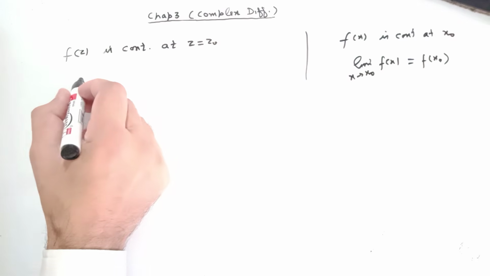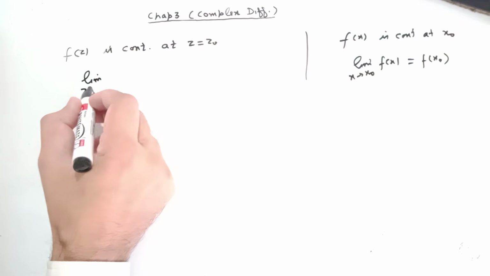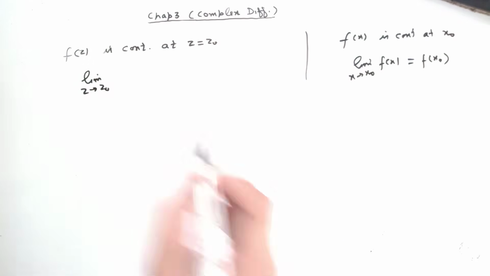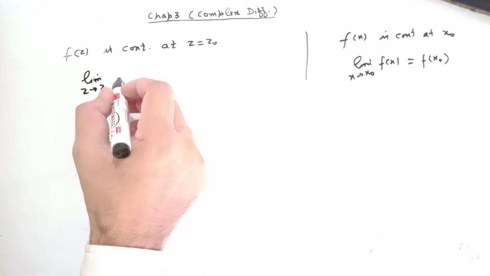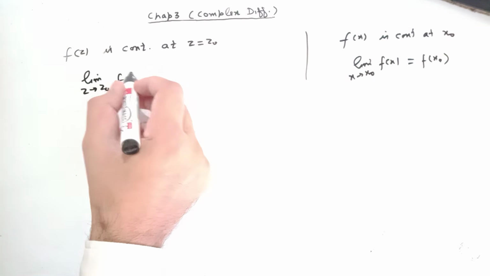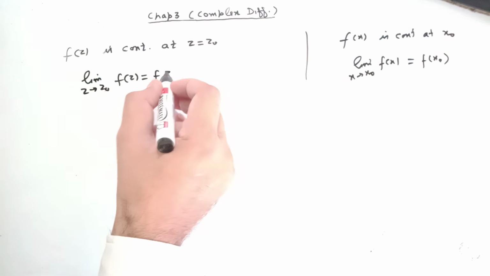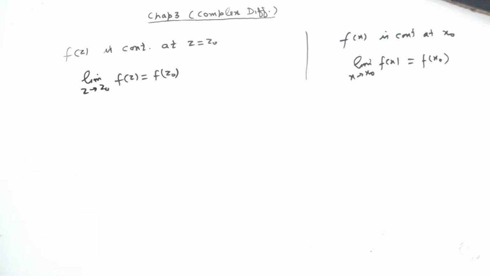So same thing you can write here. f(z) is continuous at z0 if limit z going to z0 f(z) is f(z0). So definition is same as in reals. So algebra also goes the same.